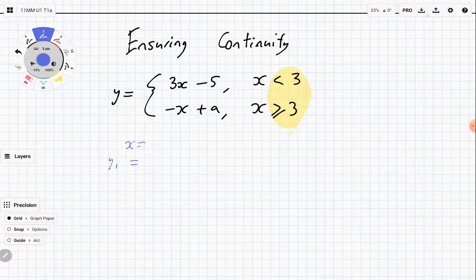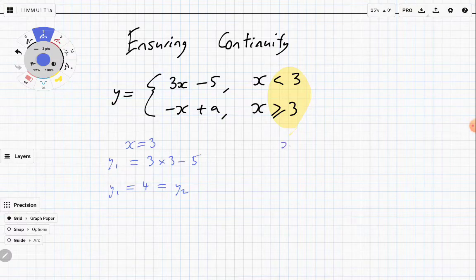Set x equal to 3, sub into y1. It's going to be 3 times 3 minus 5. 9 minus 5 is 4. Okay. Now, from what we said before, we want y2 to also equal 4 when x equals 3.